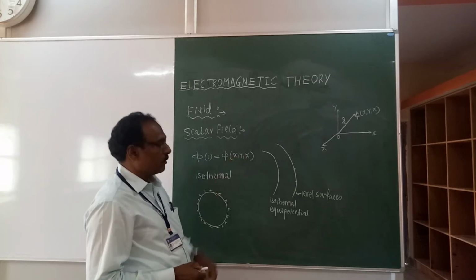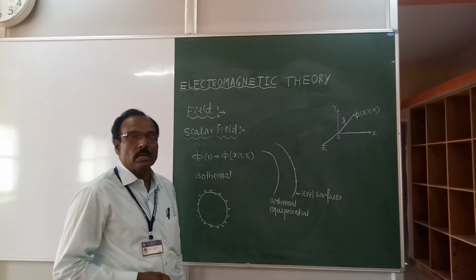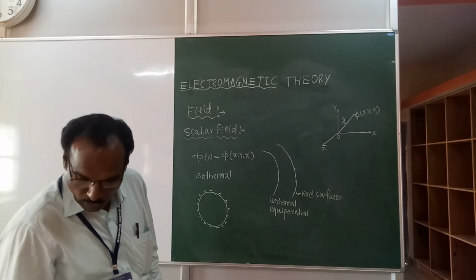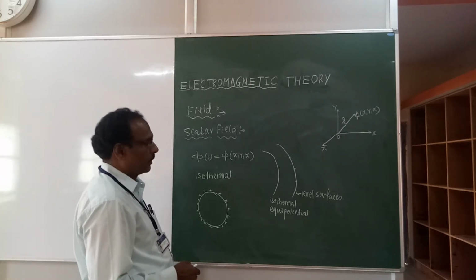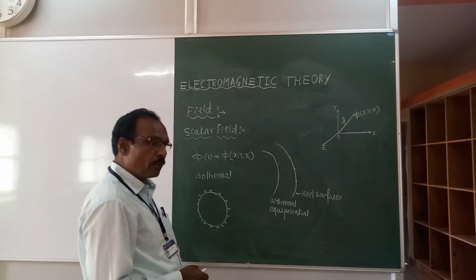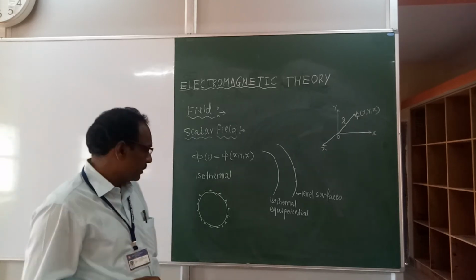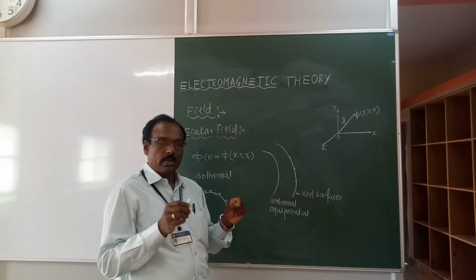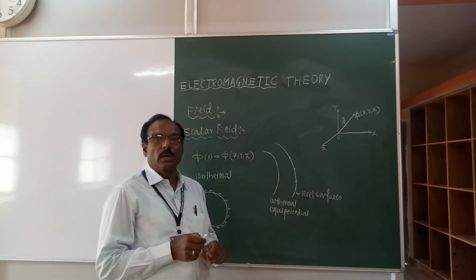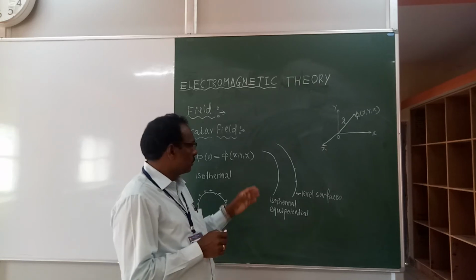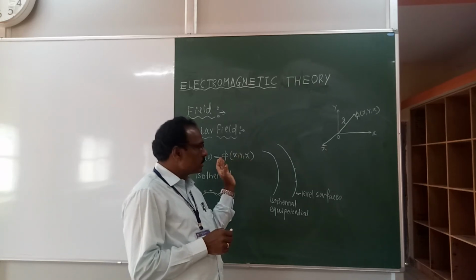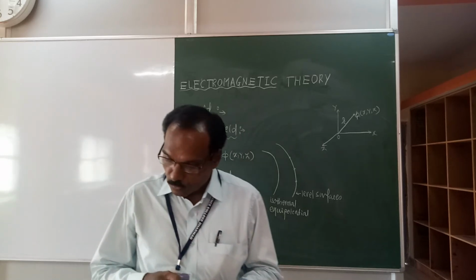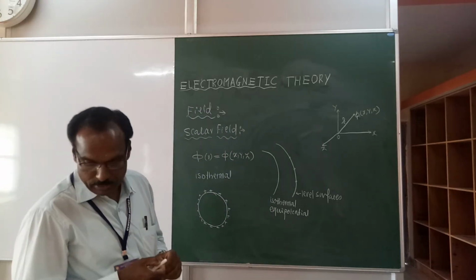If it is a scalar function, it is a single-valued function. It is uniform at every point, either on this or on this surface. Its value is uniform at every point, so it is called a single-valued function.